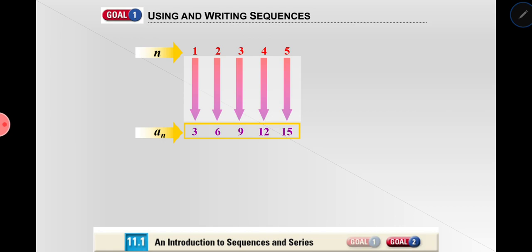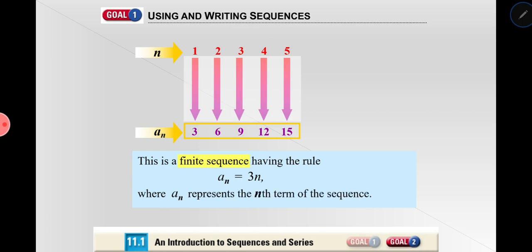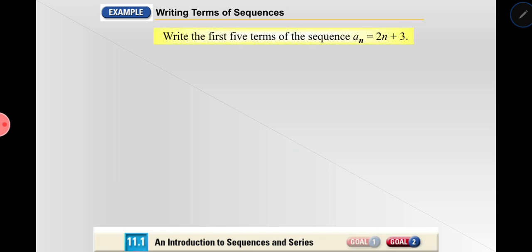So we have 3 being the first term, 6 being the second term, the 9 being the third, the 12 being the fourth, and the 15 being the fifth. So 3, 6, 9, 12, 15 is an example of a finite sequence having the rule a sub n is equal to 3n, where a sub n represents the nth term of the sequence.